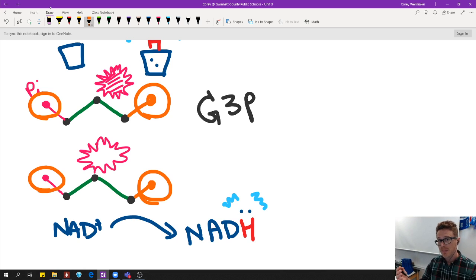So the cell is able to make 4 ATP even though it only spent 2. So you're going to see in a second that there's going to be a net gain of 2 ATP thanks to this process. But I cannot stress this enough. This can only happen if NAD+ oxidizes G3P. That oxidation is providing the fuel to attach the inorganic phosphate in pink onto G3P.